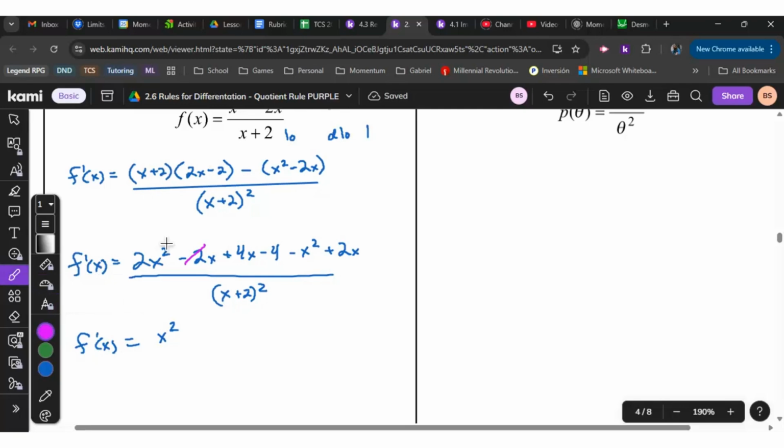The only thing that's left there is the 4x, so plus 4x. The negative 4 is by itself. And so we get this. I cannot simplify that further, so that would be my final answer. Yeah? Any questions about that, or does it make sense?